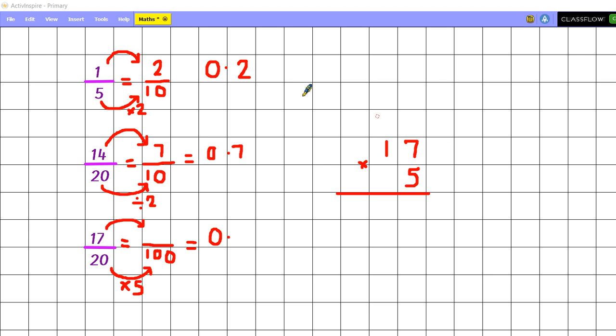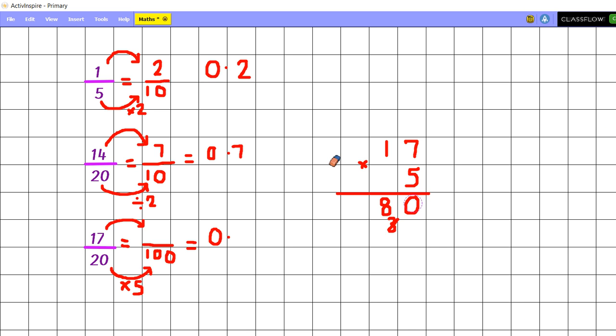So we've got 5 multiplied by 7, first of all, which is our 30. And then I move on to do my 5 multiplied by 10, which gives me 50, plus 30 gives me 80. So I've got 8 tens. So 17 multiplied by 5 gives me the answer 80. Oh, no. I've just realised it's not 80.